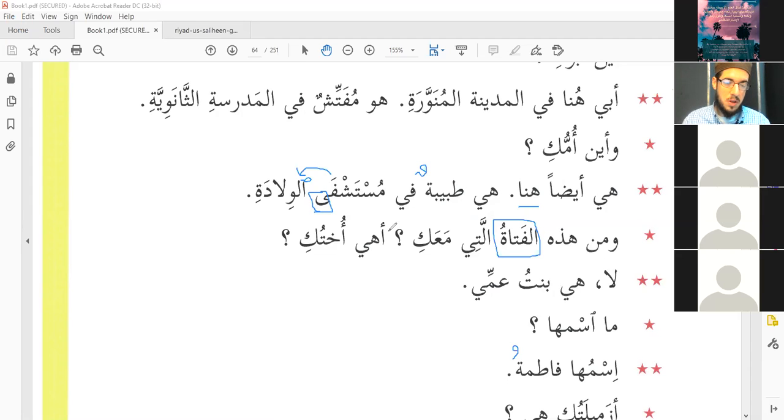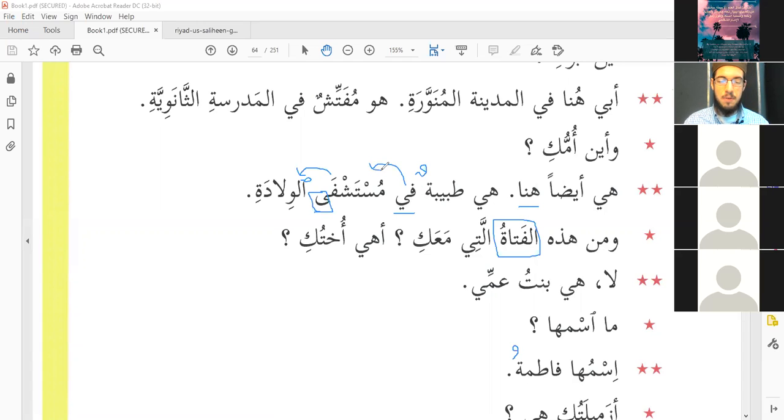It's not going to show you. It's not going to change. There's no dhamma, no kasra, no fatha that's apparent on the word. The third thing is that it comes right after fi. And so even though we can't tell from the word itself, this is actually fi mahalli jar. This is actually in the genitive case because it comes after a preposition.